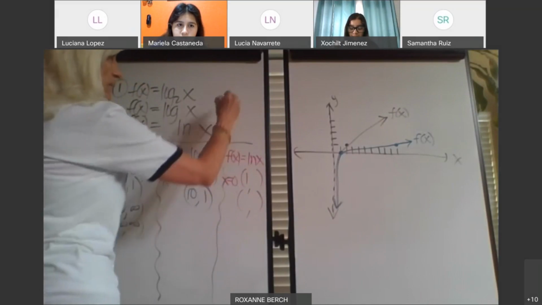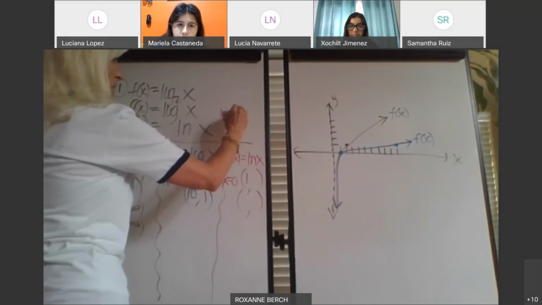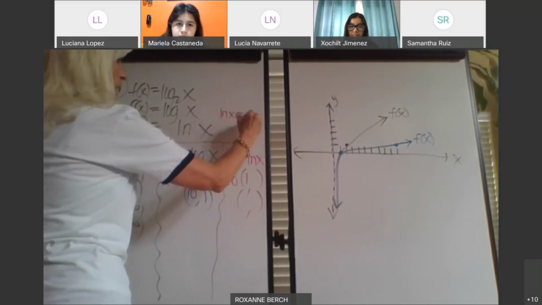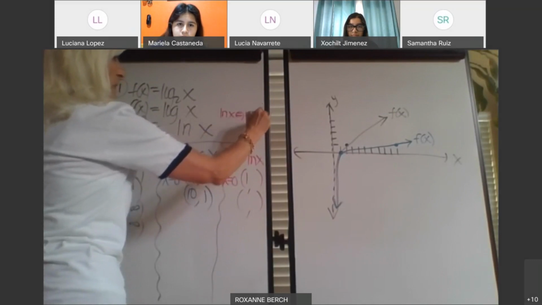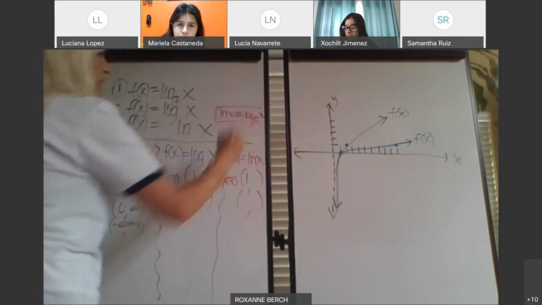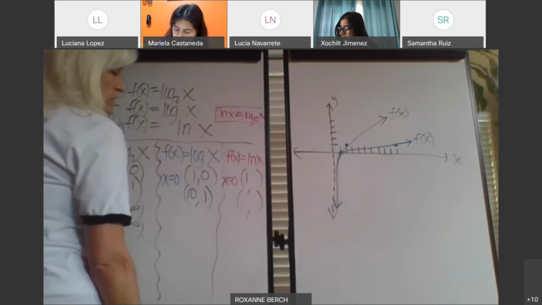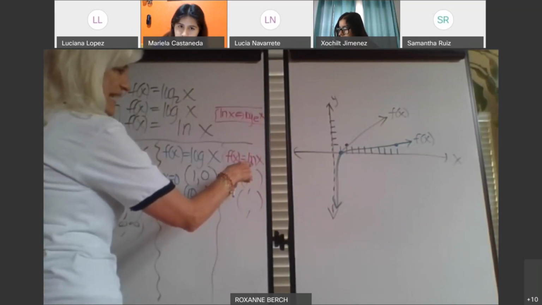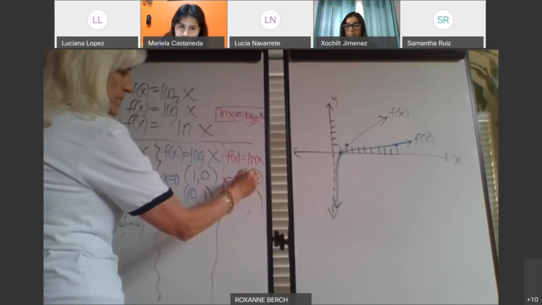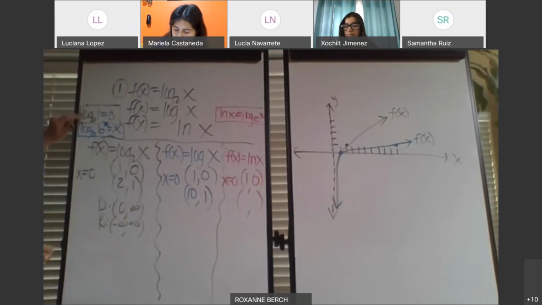And remember natural log is log base e. So what's log base e of 1? Just like this one. This is true too. Natural log of 1 equals 0. Same thing. This is log base e. It's the same definition.